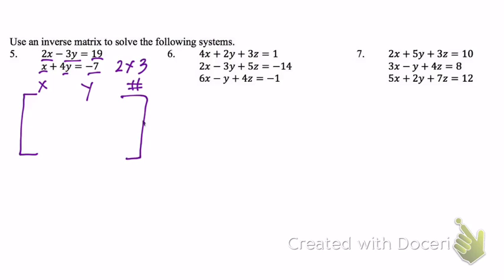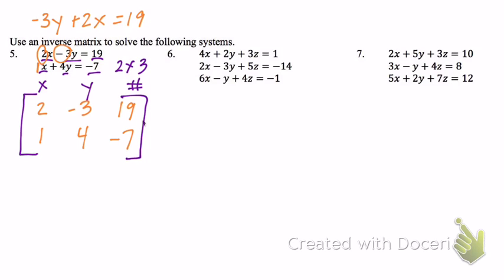Now let's say that a number 5, so I'm going to put my coefficients, which is just the number in front. So I have a 2, a -3, and a 19. If there's no number in front, I assume it's a 1, a 4, and a -7. Let's say that for number 5, if it were written -3y plus 2x equals 19, I would not put -3 and then -2.